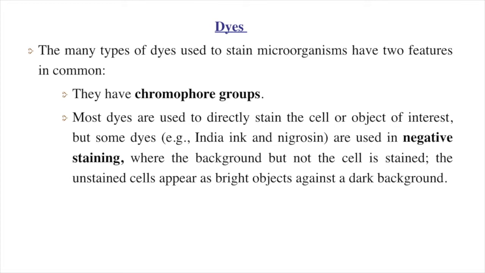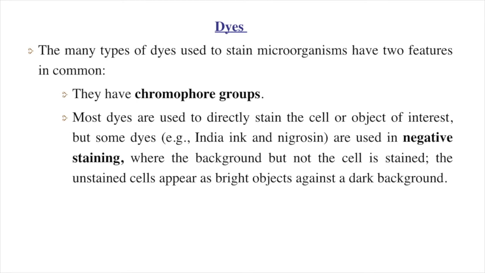So most of the dyes nowadays we are using directly stain the microbial cells. But some of the dyes such as India ink and nigrosin stain only the background and not the cells. So when we use India ink and nigrosin dyes, the microorganisms are not stained. During negative staining we see the microorganisms in the dark background.